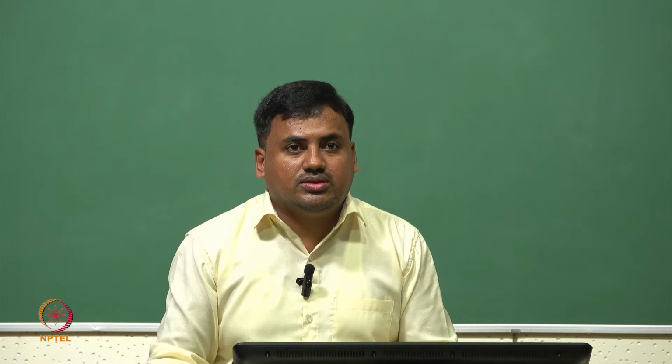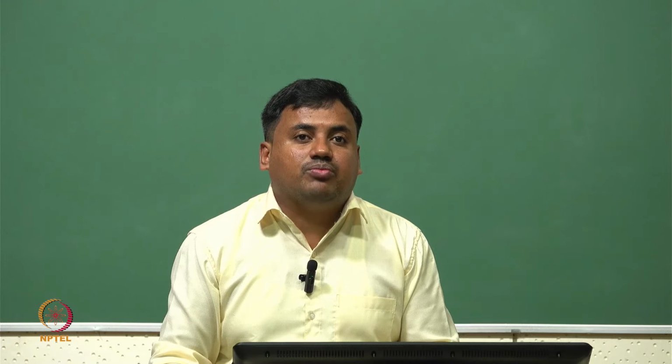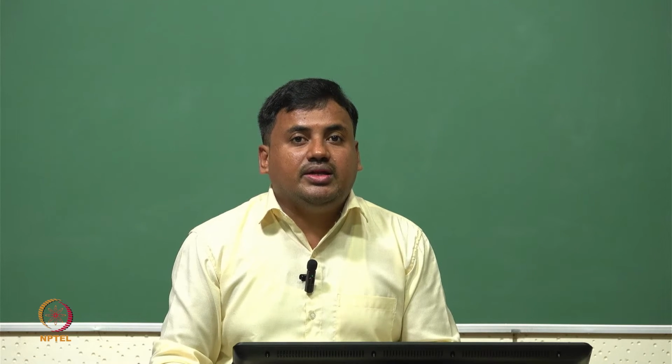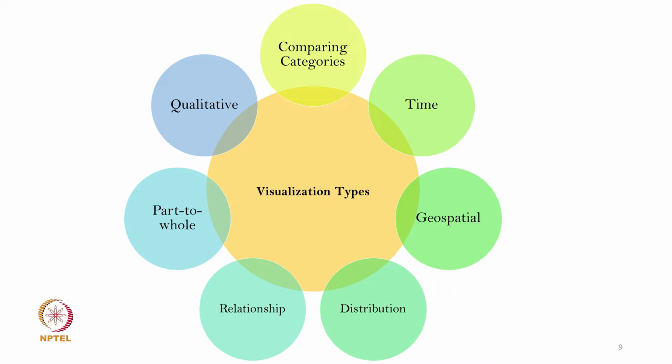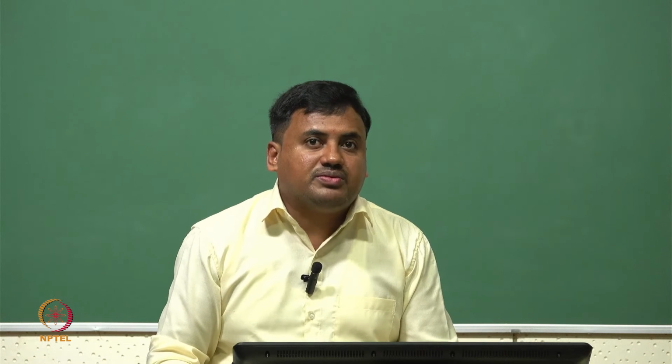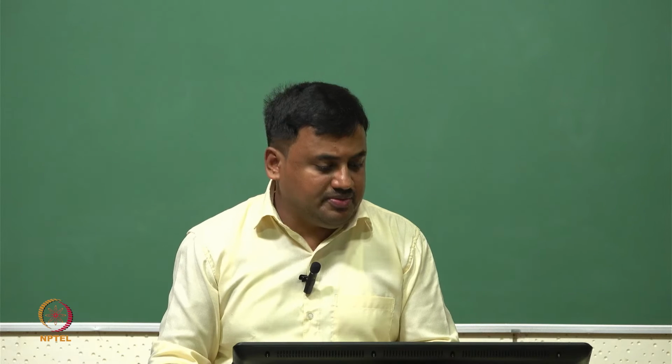The book provides more than 80 visualization types, which can be broadly categorized into 7 types: comparing categories, time, distributions, geospatial, relationships, part-to-whole, and qualitative. Let us explore each type of data visualization and how many types can be created under these broadly categorized types. The first category is comparing charts.